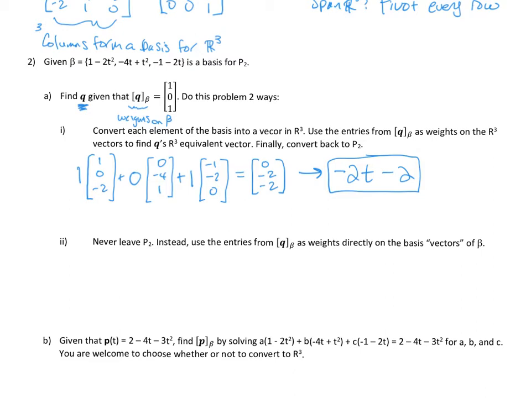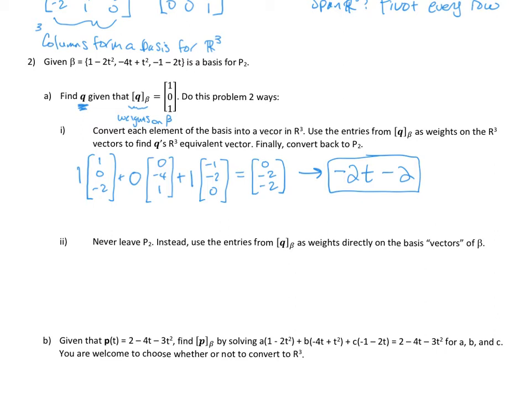Another way to do this is to never leave P2. Instead of converting to R3, doing the arithmetic, and then converting back, we can just stay in P2. Use the entries from the coordinate vector with respect to beta as weights directly on the basis vectors of beta.